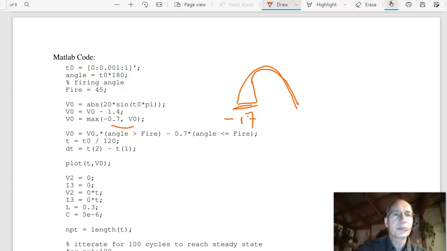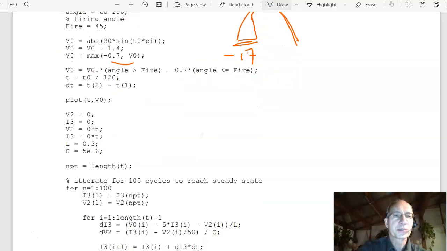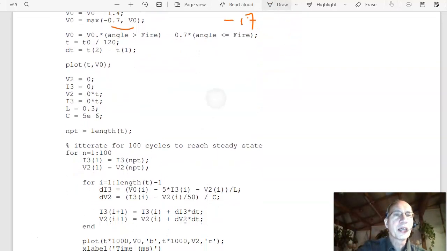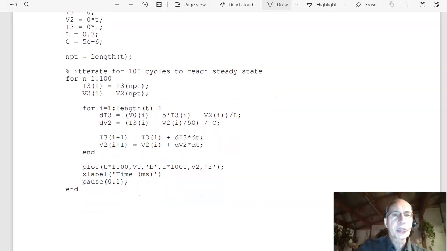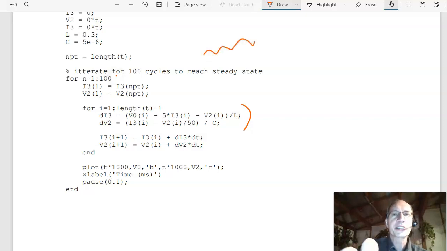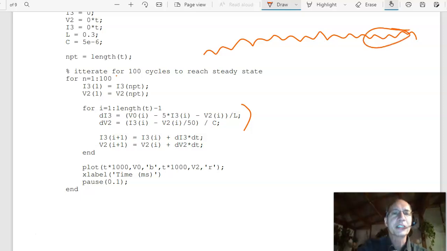Once I get V0, that's the voltage on the left of the circuit, called V1. I want to take that voltage and apply it to this differential equation. I'm going to go through the time vector, iterating, moving forward every dt seconds, through a cycle. I'm going to go through 100 cycles because you're going to have a starting transient. After 100 cycles, you're probably at steady state.